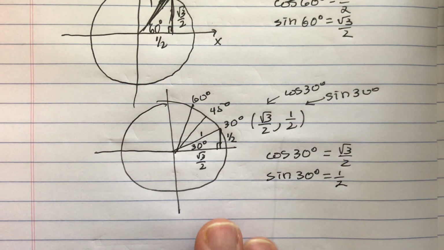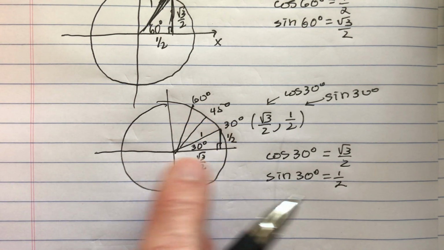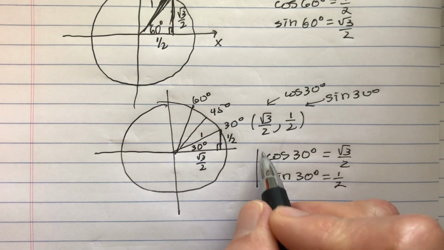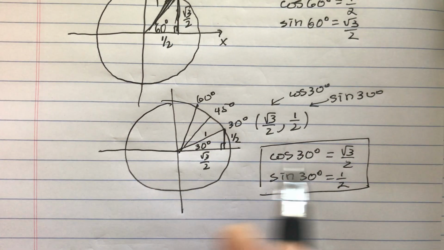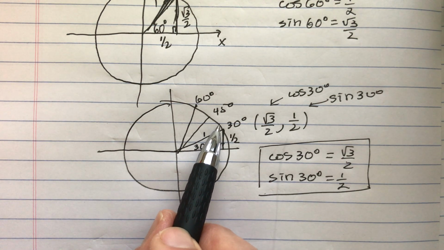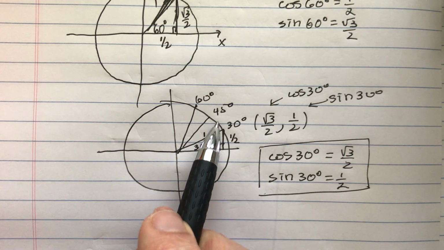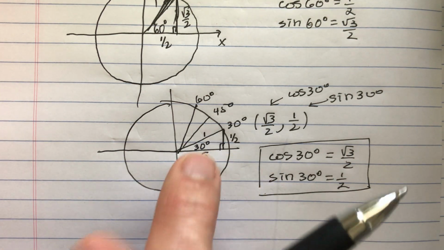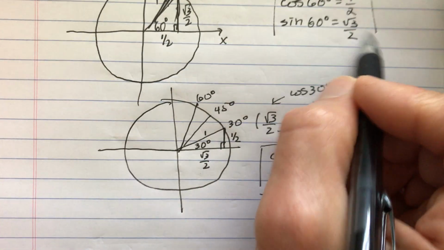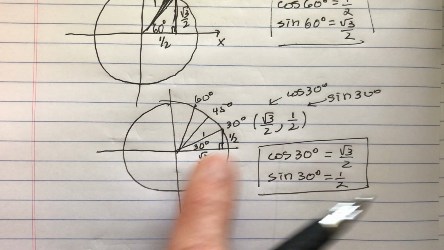Now, the reason these are called special angles is because we can use the Pythagorean theorem to do some algebra and find these values. There are a bunch of angles that are in between, like say 35 degrees, and some of them you can find just using these basic ones that we have up here, cosine 60 degrees, cosine 30 degrees, and so forth, and the 45 degrees.